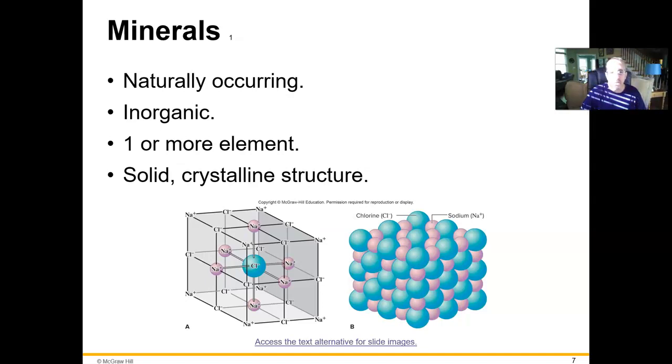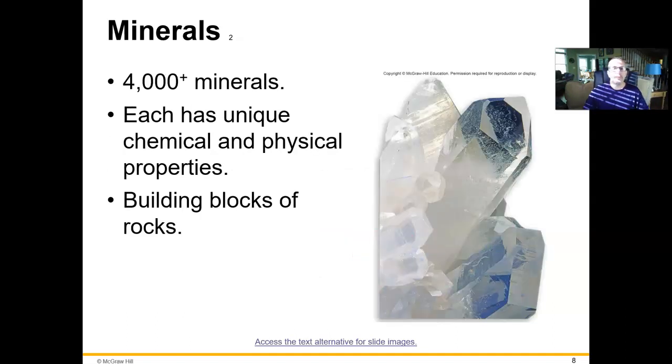You see the chlorine atom in the middle and the 6 sodium atoms on the outside, creating that crystalline form to stay bonded together. So when you have a mineral, you're going to have a continuing crystalline form. It's going to be the same throughout that mineral in a setup similar to this. It might not be exactly like this, but it's going to be uniform just like this.